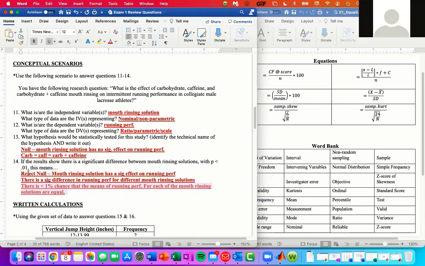What would the p have to be to accept the null? Typically, we'll go over this two weeks from now. Typically, we set an alpha, which is the amount of error we're willing to accept.